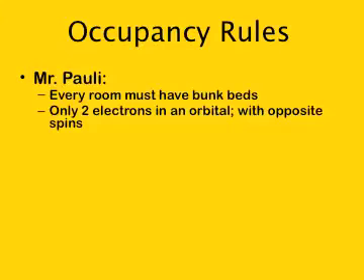And as you went through the hotel or boarding house, you probably figured out these rules, that every room had to have bunk beds. You didn't have single beds in the rooms. And this is a lot like Pauli discovered with the atom, only two electrons occupy an orbital and they have opposite spins. We're going to see how that is designated with some symbols and diagrams.